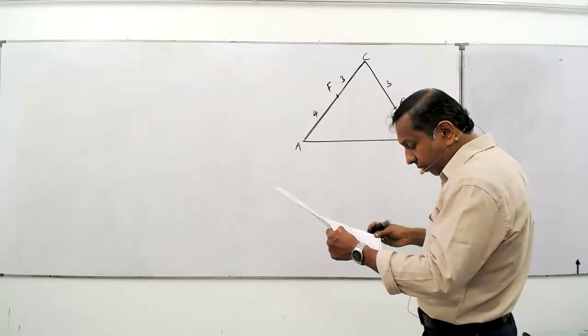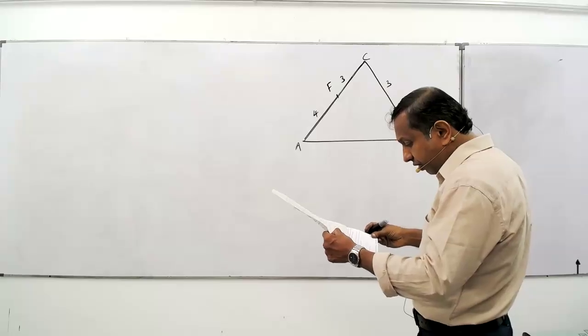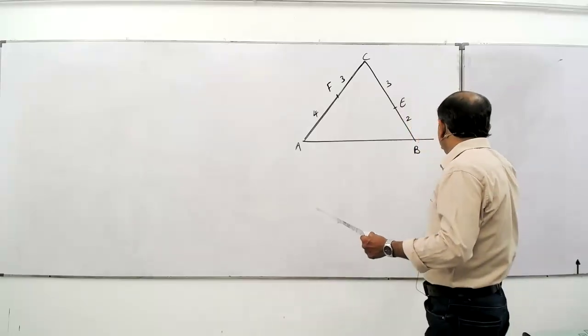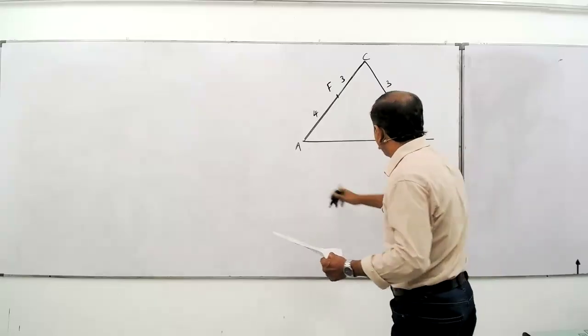The point G is on AB produced so that GB to GA is 1 to 2.